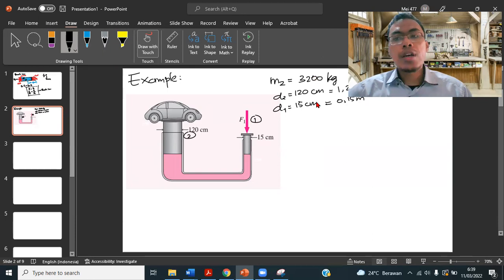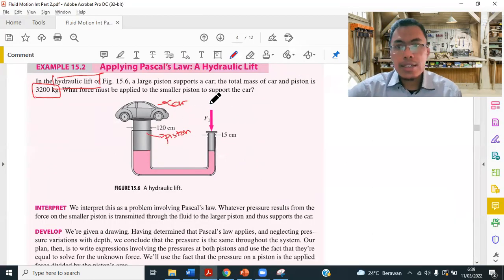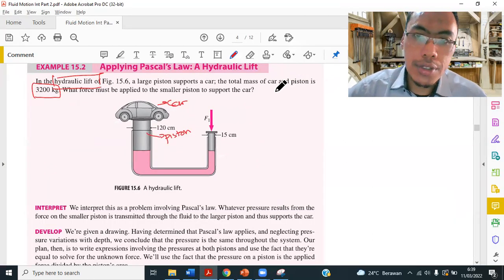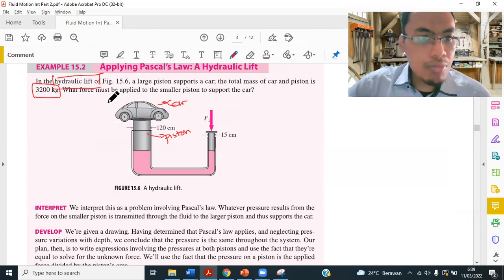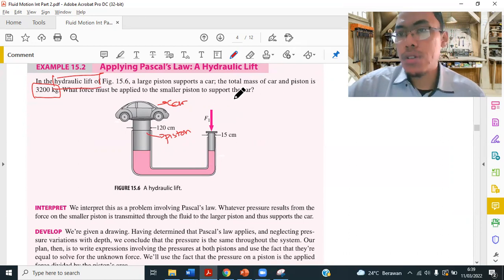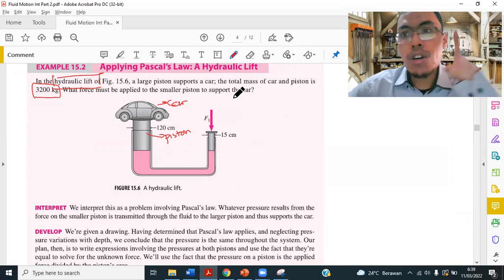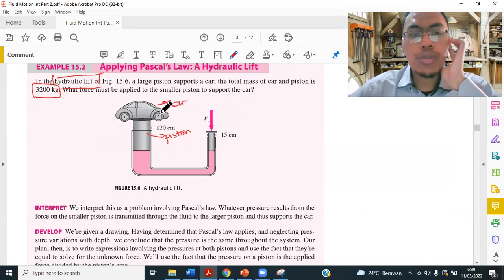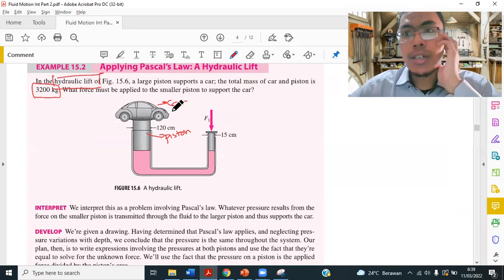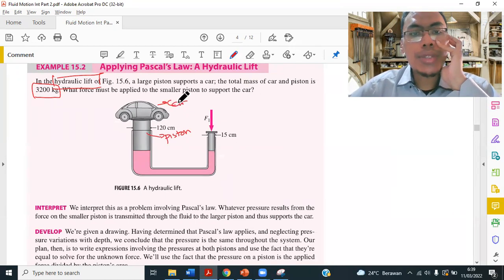meter. Okay, now if you take a look roughly at this example, we are asked to find the amount of force that must be applied to the smaller piston to support the car. So the story of this problem is you have to lift up this car, and also the piston, and the total mass of car and piston is more than 3 ton.